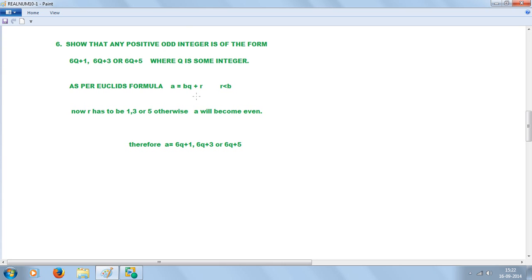Now the remaining factor has to be 1, 3 or 5. Otherwise A will become even.